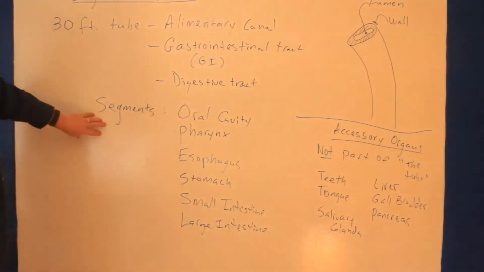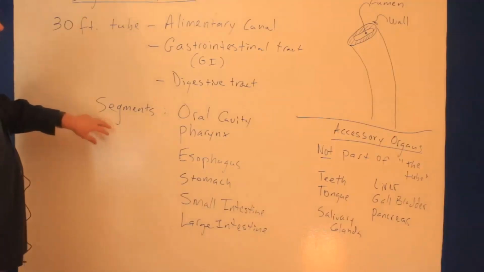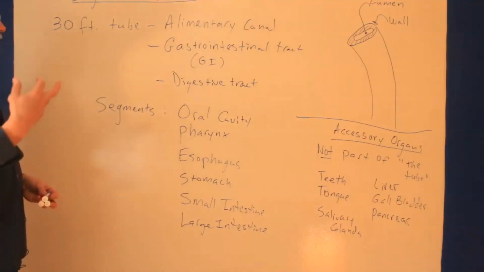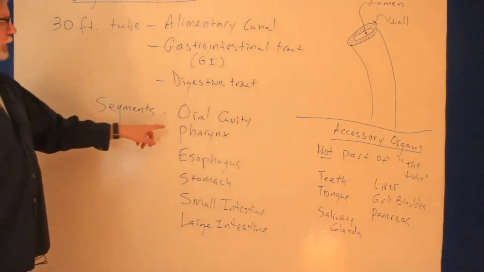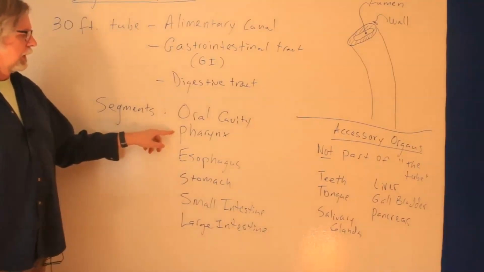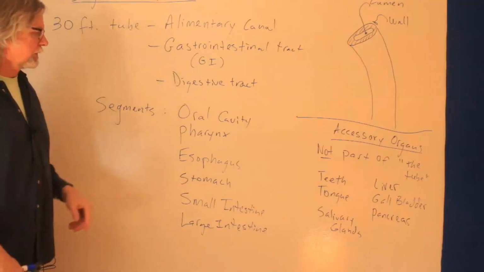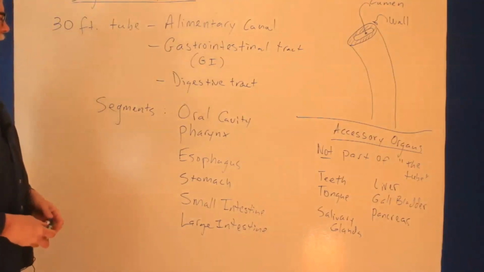So these are the main segments of the alimentary canal, starting with the oral cavity. So some digestion happens there. When you swallow, it goes into your pharynx and then into the esophagus. The esophagus is the only segment that runs through the thoracic cavity.